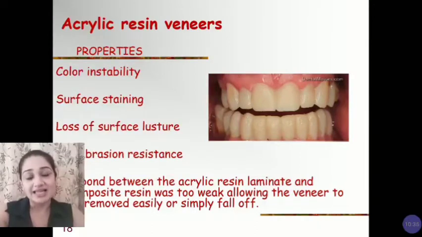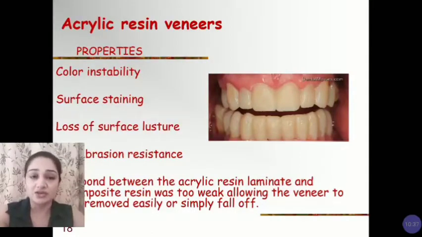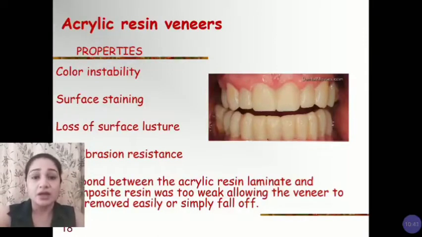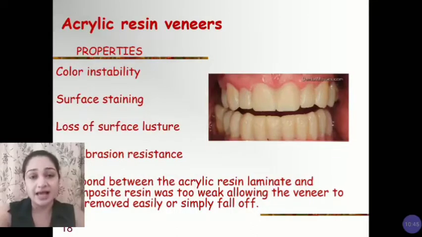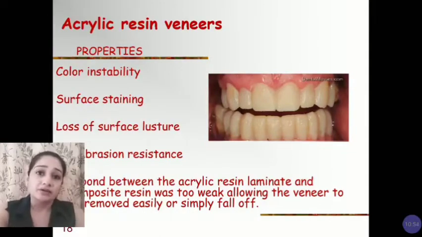These are used as temporary means of restoration till the time the final dental laminate shows stability. In the past, acrylic resin veneers were considered as one of the final restorations, but due to drawbacks, it is only used for temporary purposes because it has color instability.